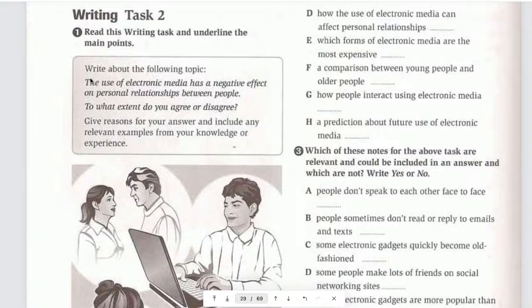Okay, so here, write about the following topic. How many words should you use to write this? Yeah, at least 250 words, okay? But don't write too long or too short. Just balance that, okay? From 250 to 280, or maximum somewhere around 300. I think that's the best.